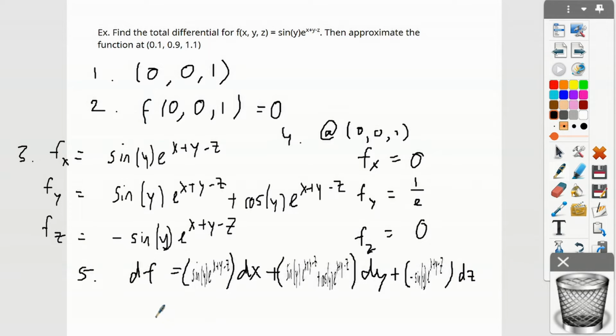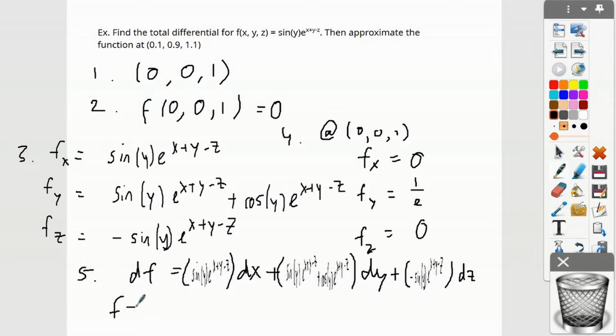There you go. Now, we know that our f sub x is 0 at that point, so we can change df, dx, dy, and dz into delta f, delta x, delta y, and delta z. It's like f minus f0 basically.